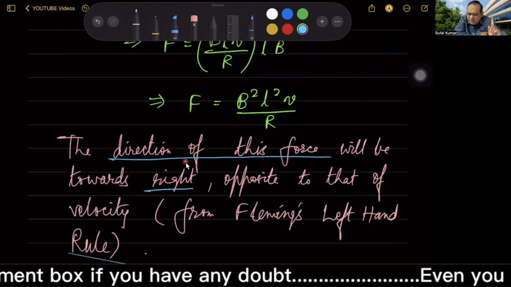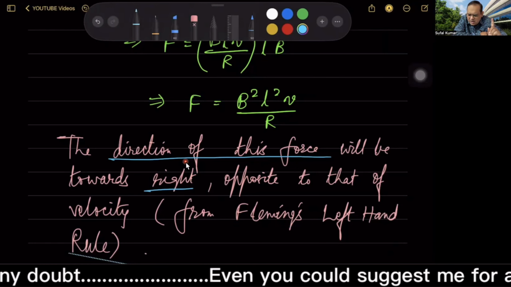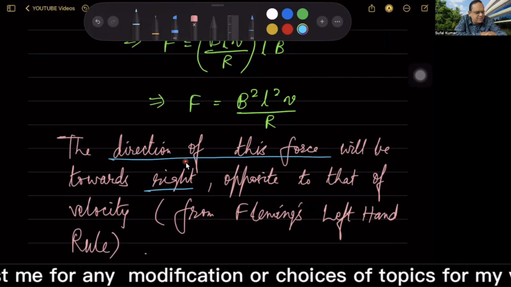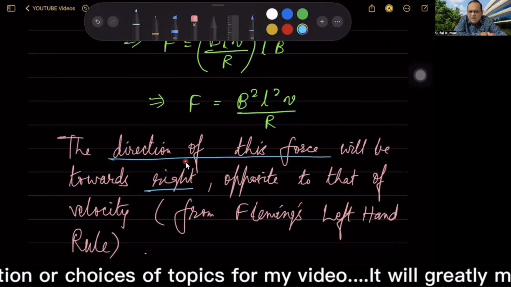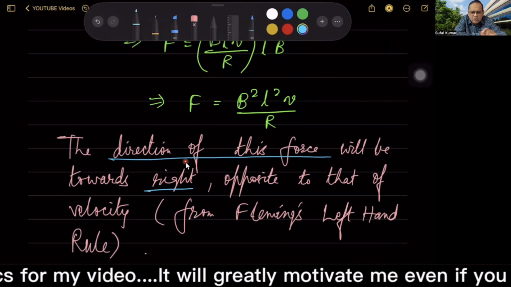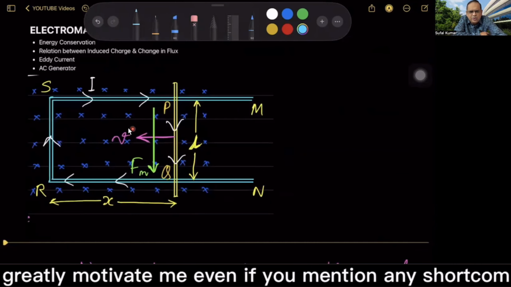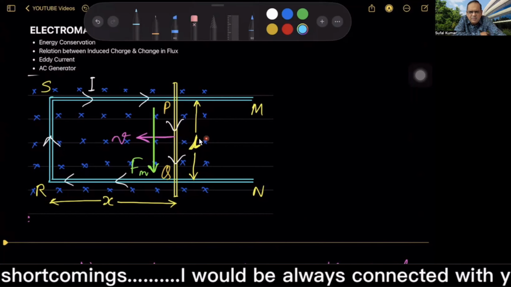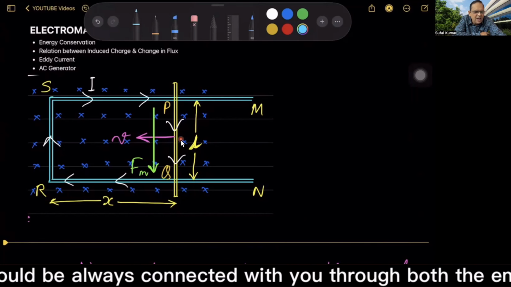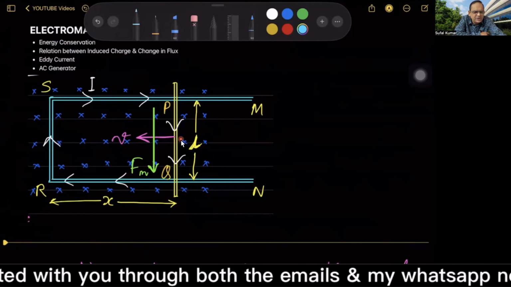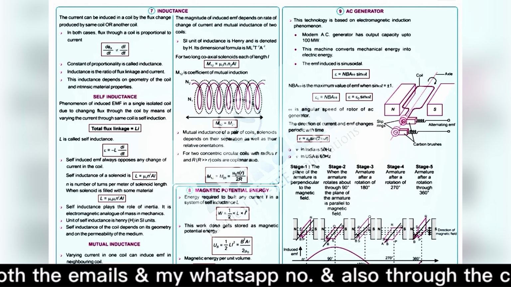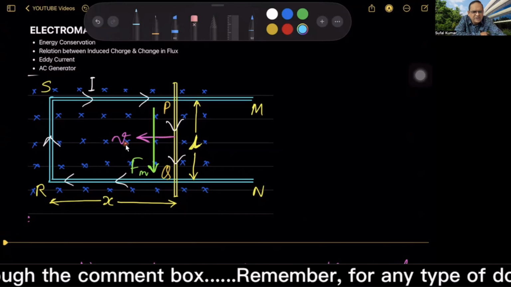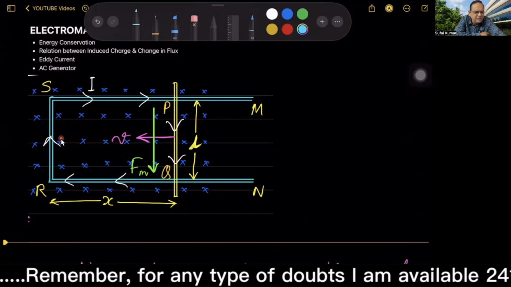Instead, we applied Fleming's left hand rule for this purpose, because this involves completely magnetic effect of current. To keep this rod moving against rightward magnetic force, an equal and opposite force is needed to move this rod with constant velocity.